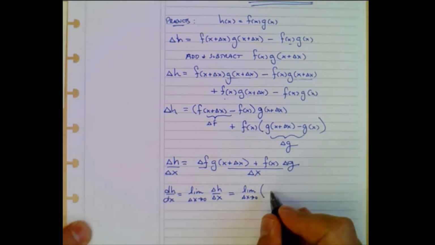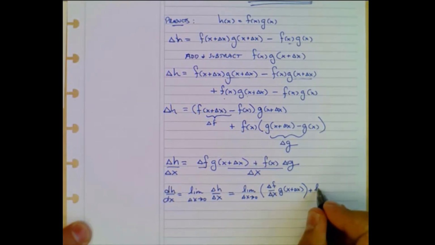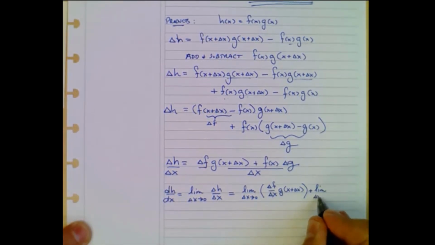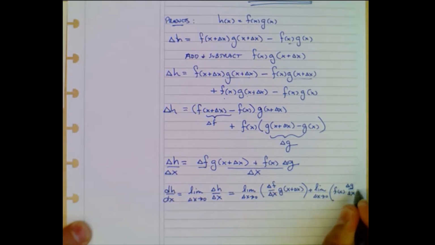So I've got the limit as delta x goes to 0 of delta f over delta x times g of x plus delta x, plus the limit as delta x goes to 0 of f of x times delta g over delta x.